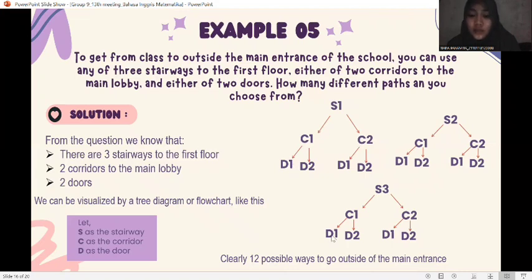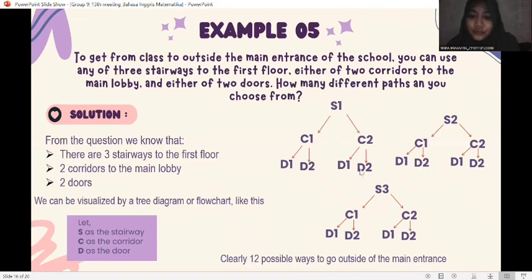Why 12? 1, 2, 3, 4, 5, 6, 7, 8, 9, 10, 11, 12. We can list D1, D2 in C1 in S1, D1, D2 in C2 in S1, and so on.